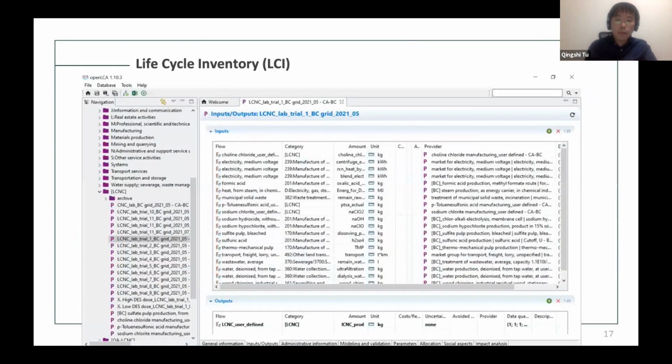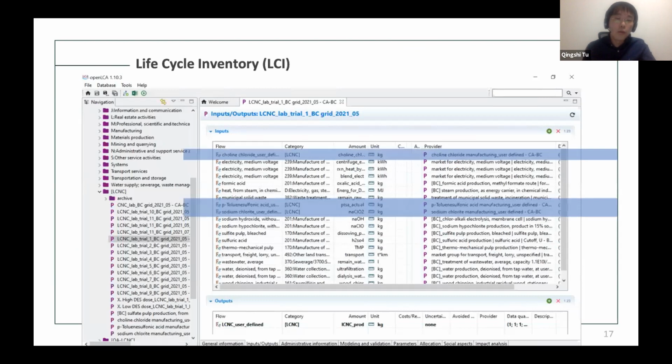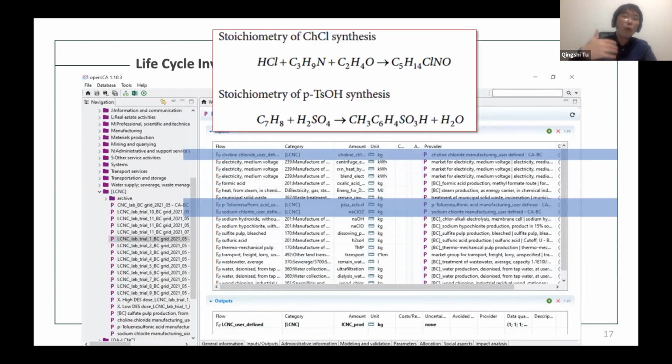And then when we look for the chemicals, remember in many cases chemicals do not really exist in the LCI database. So unfortunately, all the chemicals we want to model, none of them actually exist in the database we use. So what we did is go back to basic chemistry and look at how those chemicals could possibly be synthesized using chemical reactions.